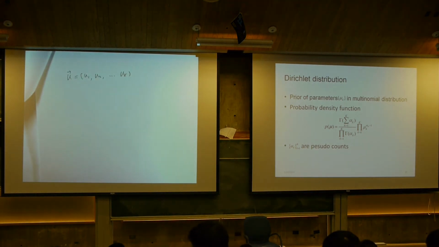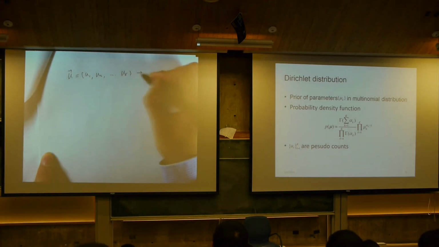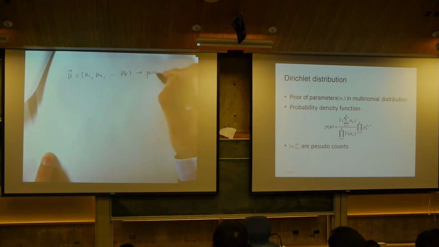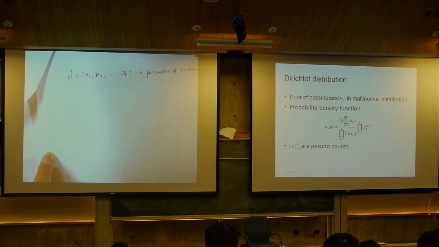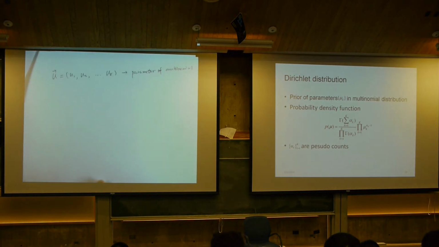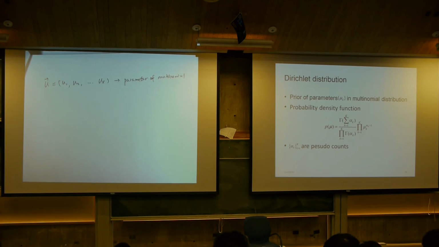Each of the components means how likely the random variable will take that outcome. So this mu vector is the parameter of the multinomial. If you want to put a prior over this mu vector, we should use the Dirichlet distribution.